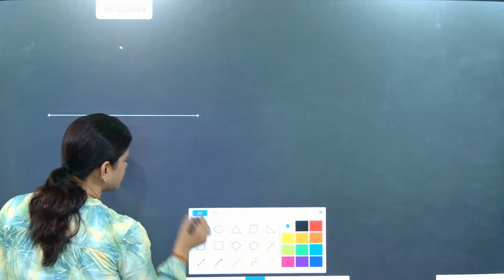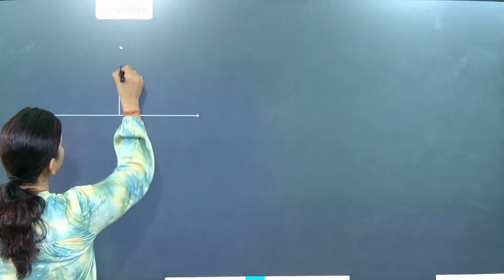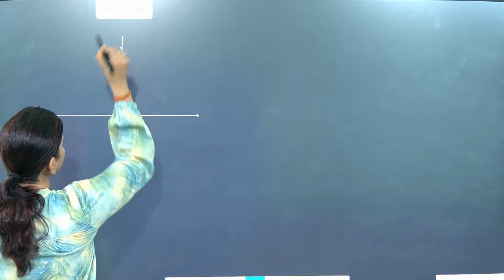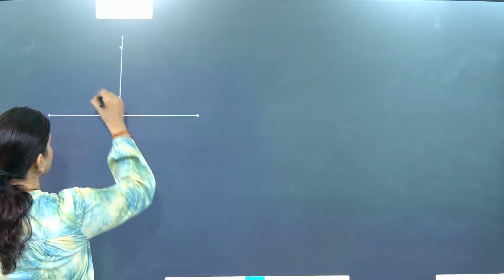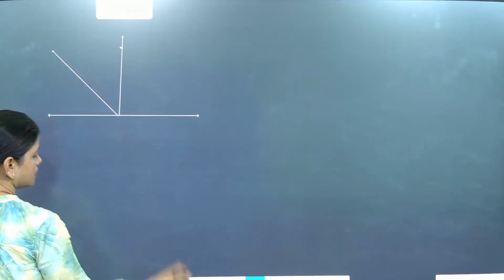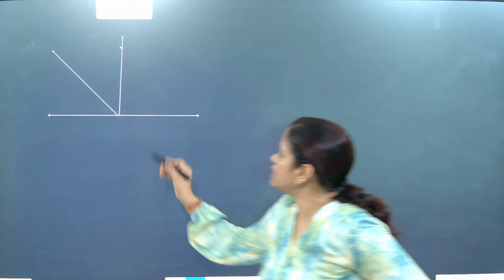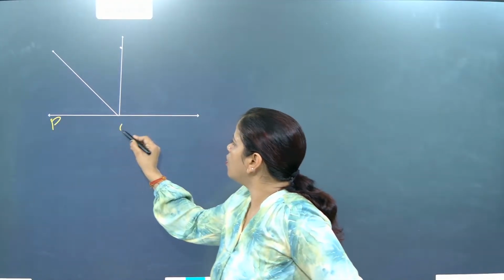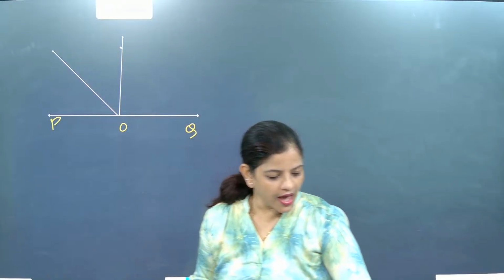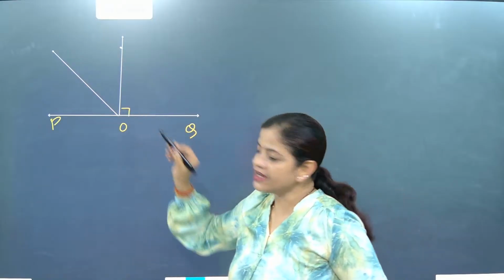This is my perpendicular drawn. Now here, this is perpendicular. This is P, O, Q. And here, this is 90 degree.